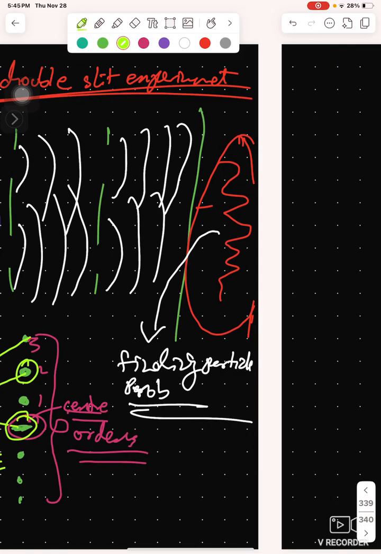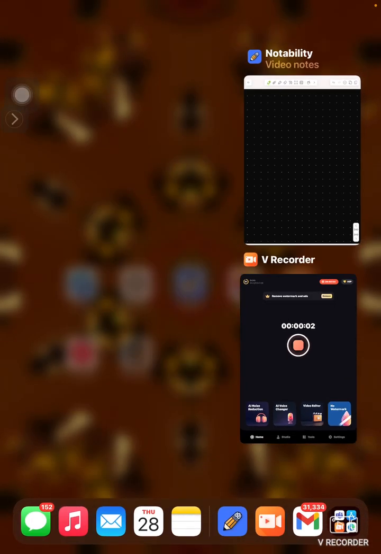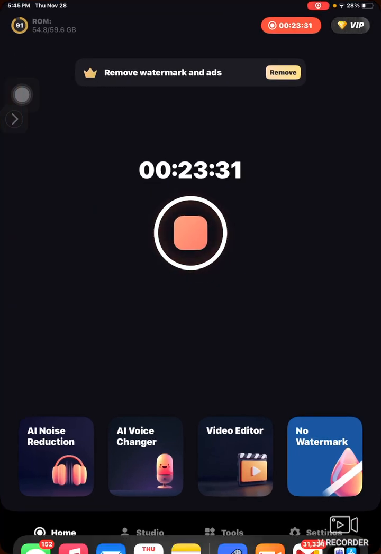Okay, now let's just see one example. Oh, wait, one more thing. When we see the double slit experiment, what we see is that we have multiple points where there's light.